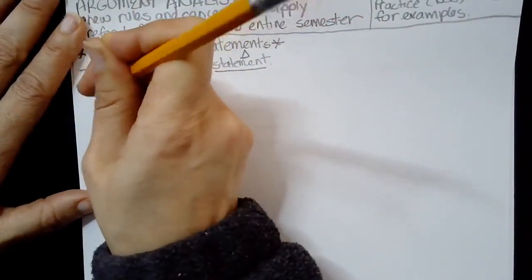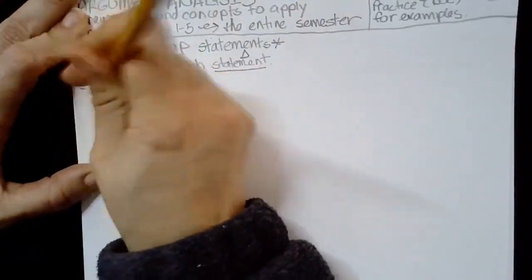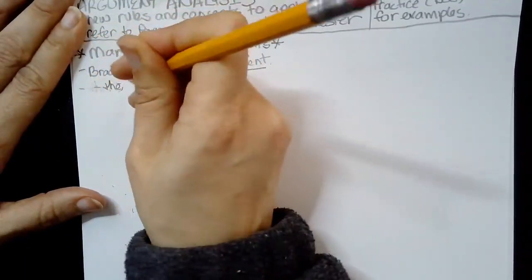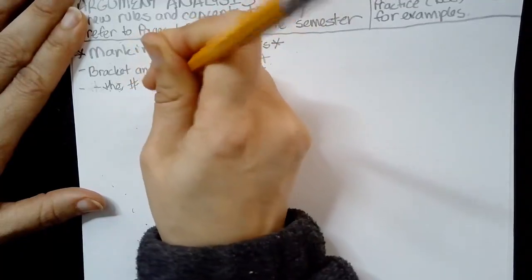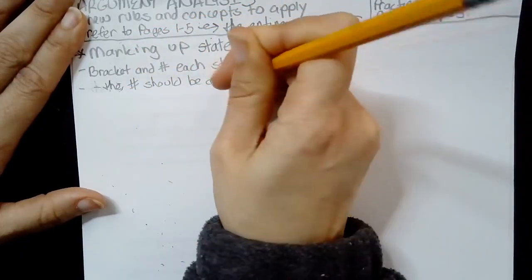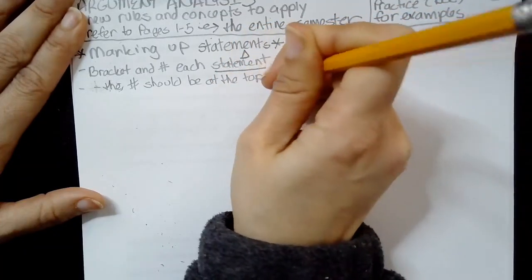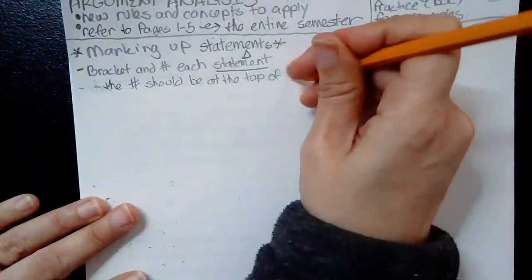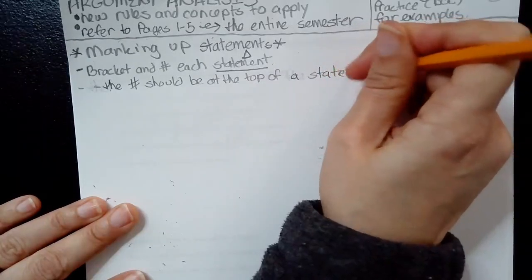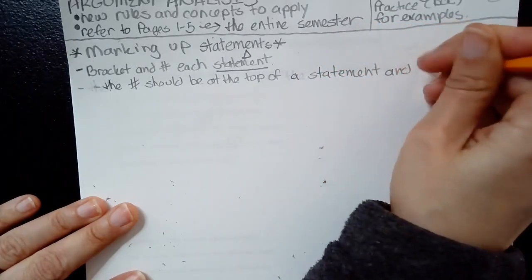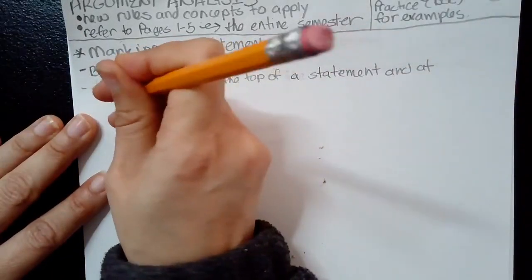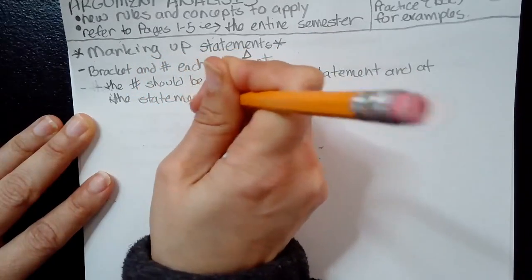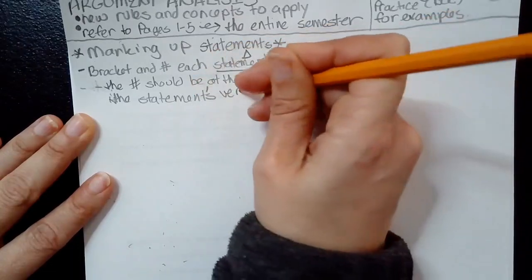Okay, let's do a sub-bullet. The number should be at the top of a statement and at the statement's very beginning.